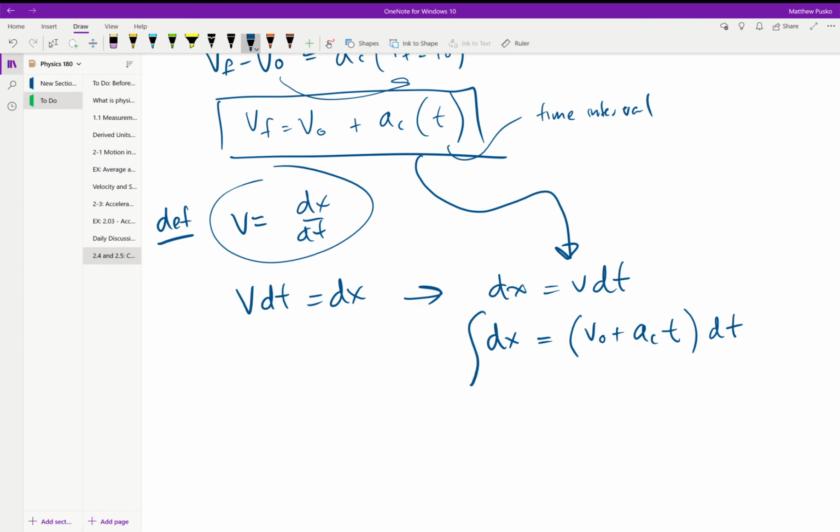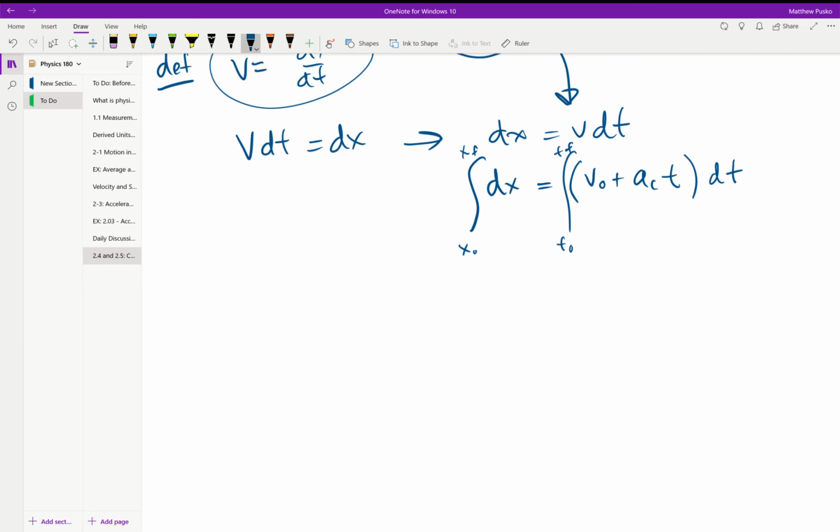So let's integrate the left-hand side from x naught to x final, and the right-hand side from t naught to t final. Well, that's going to give us an x, and when we evaluate it, we get x final minus x naught.